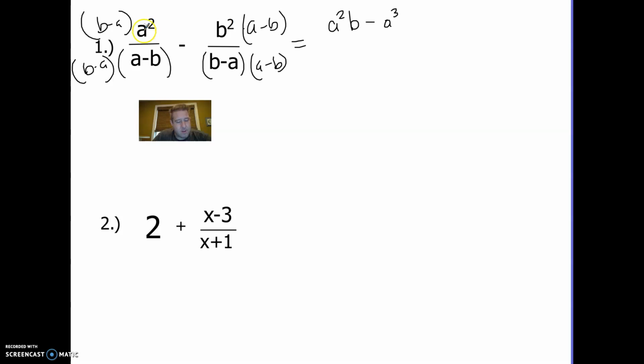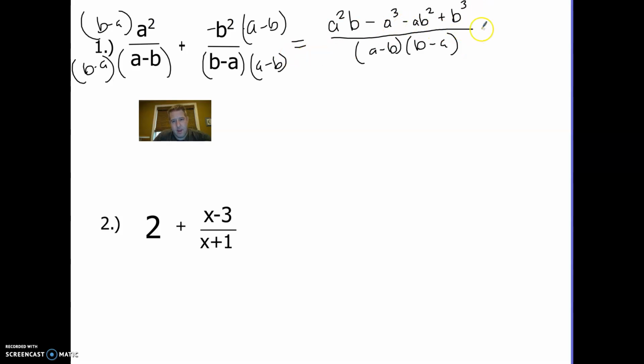So I distributed, a squared times b is a squared b minus a squared times another a is a cubed. All right, that's the left-hand side, and then the right-hand side, so I'm going to move that over here. So that's minus a times b squared, and plus b cubed, because a negative times a negative is a positive, b cubed. And then put that over a minus b times b minus a.